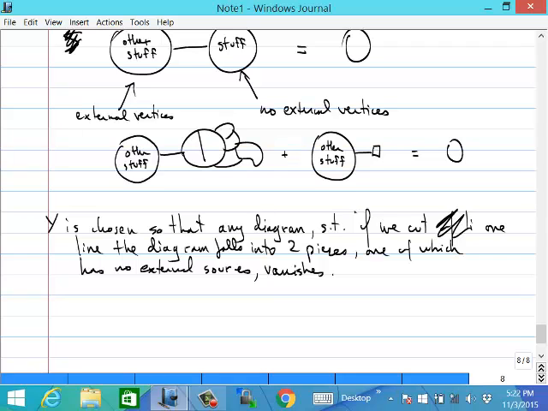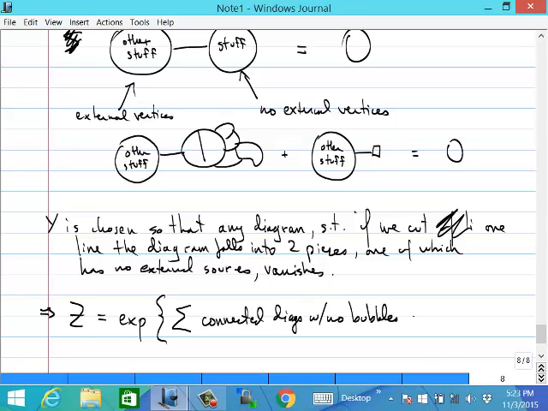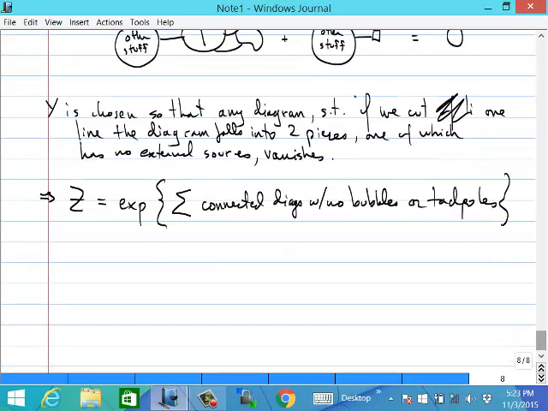Another way of saying that is that the generating function, so we decided that this was the exponential of the sum of all connected diagrams with no bubbles, but it's also the sum of all connected diagrams with no bubbles and also no tadpoles.